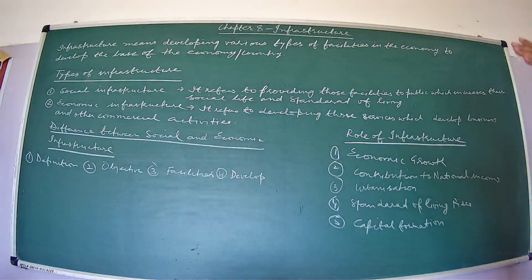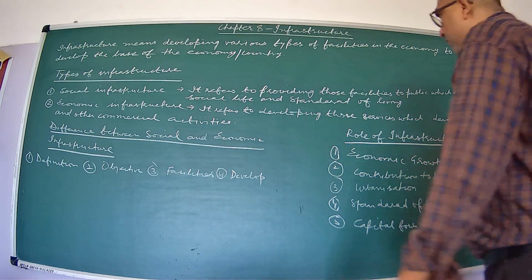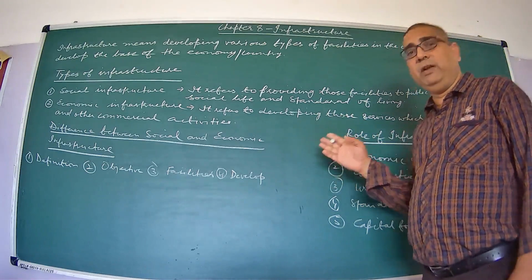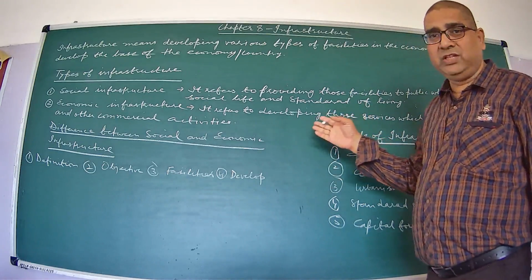So, my dear student, these services are also very important, side by side with social infrastructure. For example, development of the banking system, insurance system, ports, roadway system, railway system, and communication and information system.